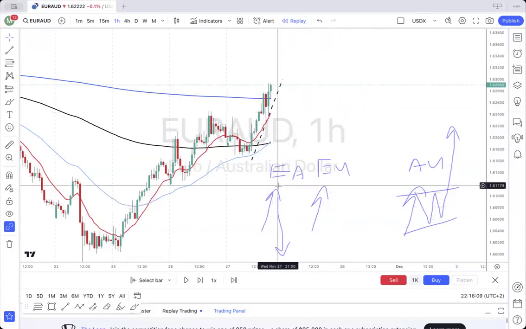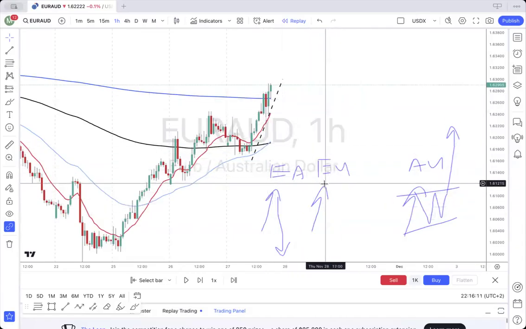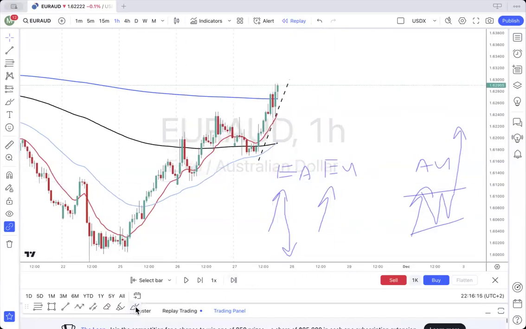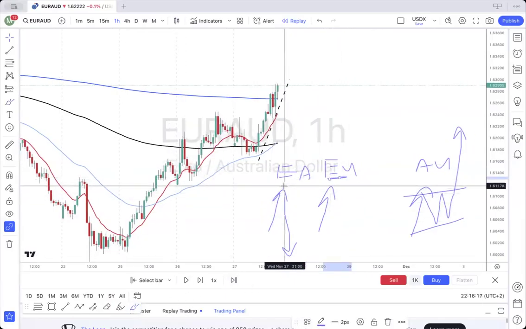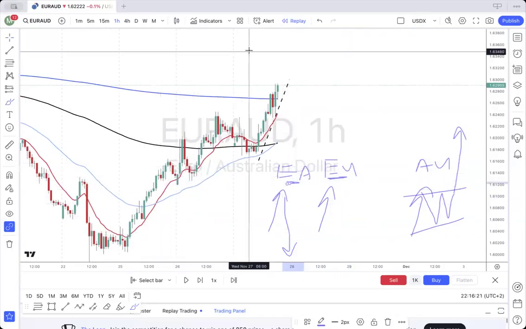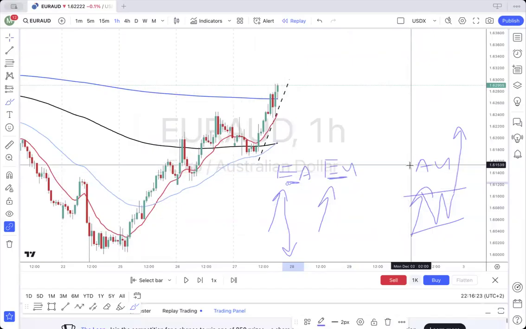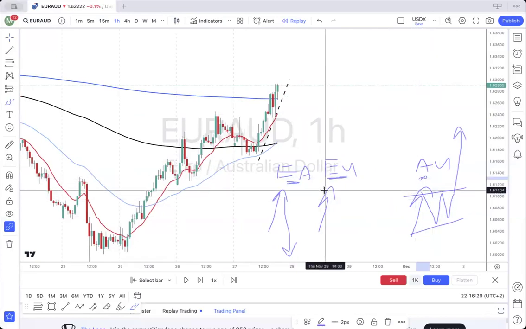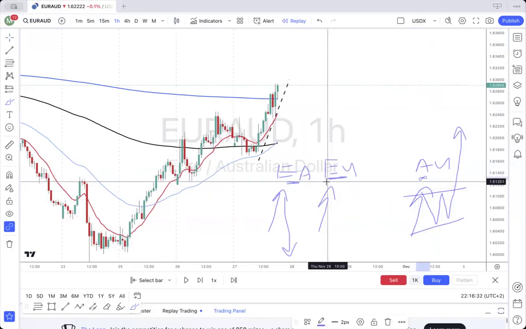So as long as EA is buying and EU is buying, Euro is what's pushing EA to buy. Now, AU has no chance of going up until AU has power to overcome Euro.